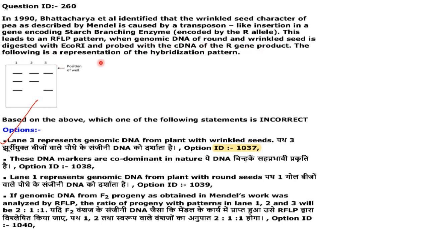The following is a representation of the hybridization pattern. Based on the above, which of the following statements is incorrect? So first option, lane 3 represents genomic DNA from plants with wrinkled seeds. So if lane 3 has the wrinkled gene, then the genotype should be smaller, and you should get a single band and not 2 bands. So the first option itself is incorrect, and the answer is first option.